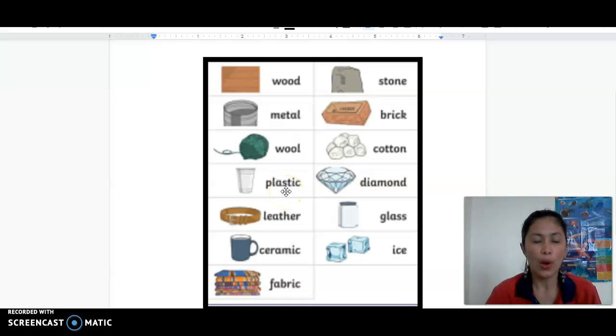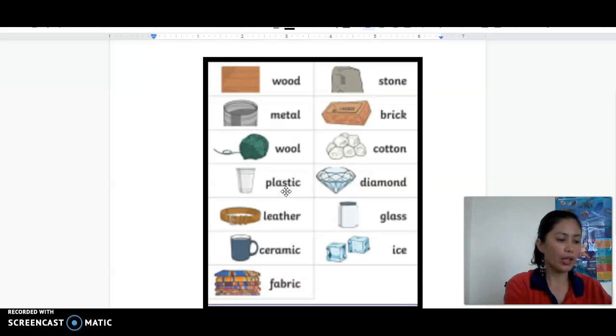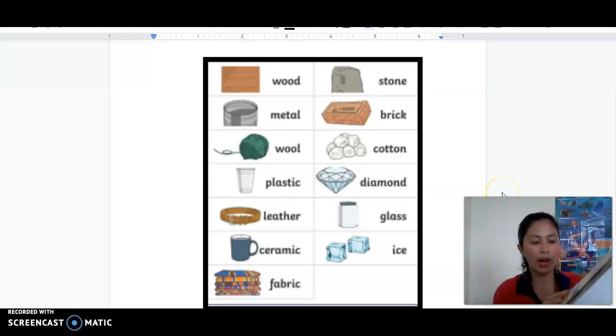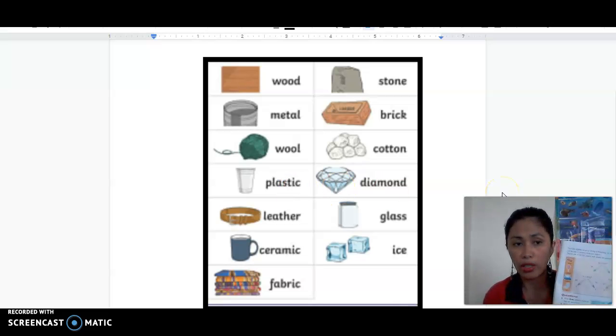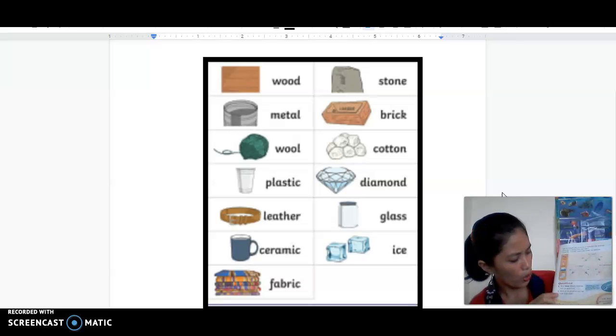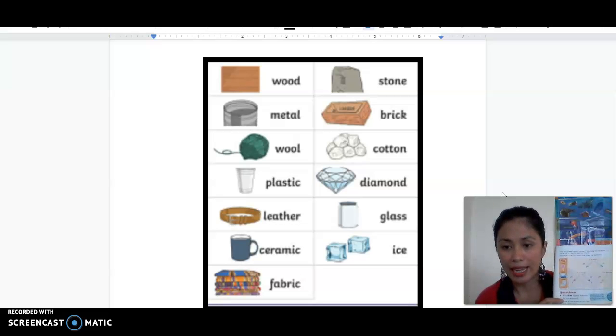All right, for your homework today, you are going to write three different materials that are waterproof. We discussed yesterday that waterproof means if you put it in water, the water cannot get through it. A paper is not waterproof.